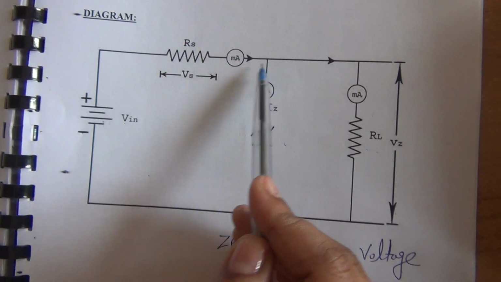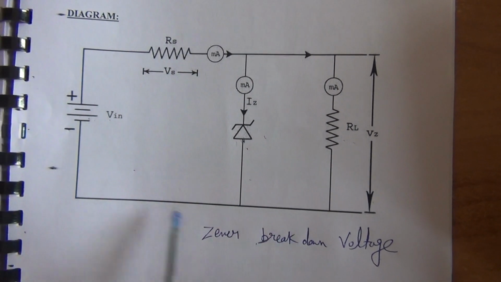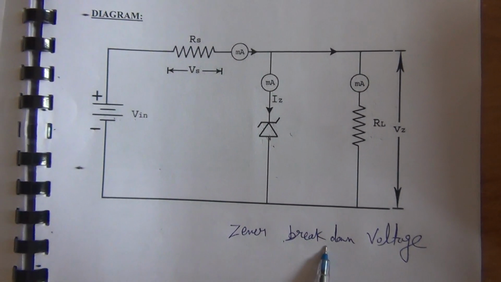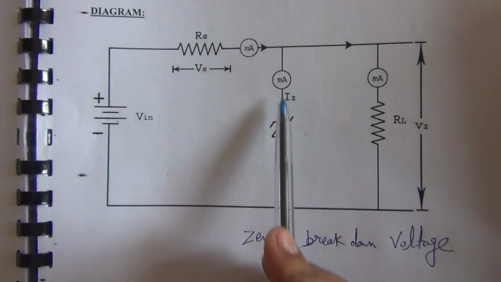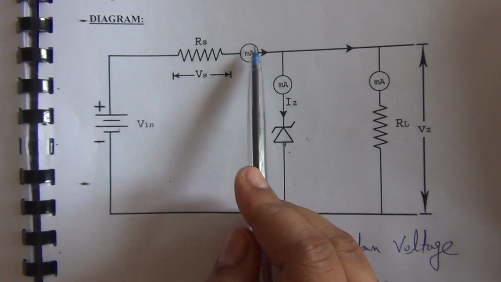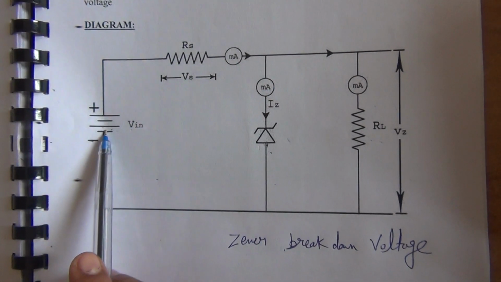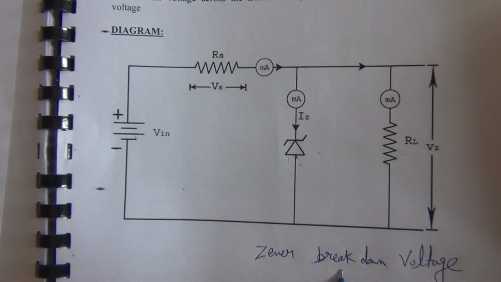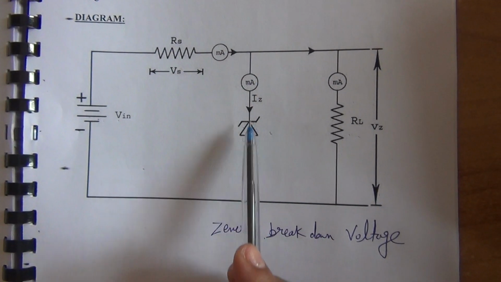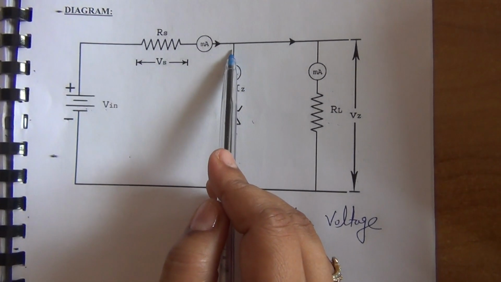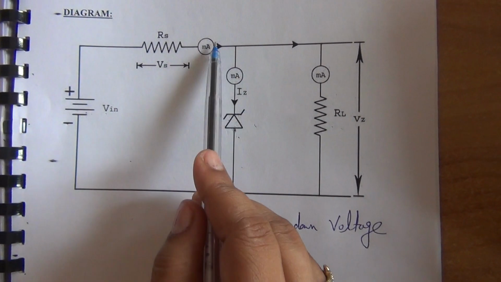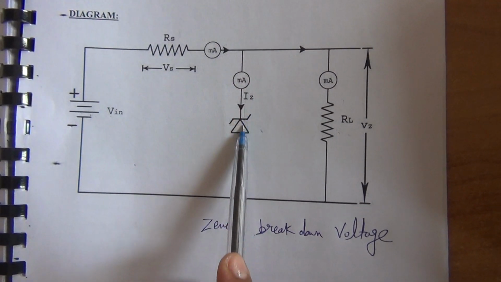As long as the external voltage is below breakdown voltage, it will not conduct, and the current flows like this. But when the input voltage exceeds breakdown voltage, it allows the current to pass through it. This path will be opened, and now the current passes through the Zener.